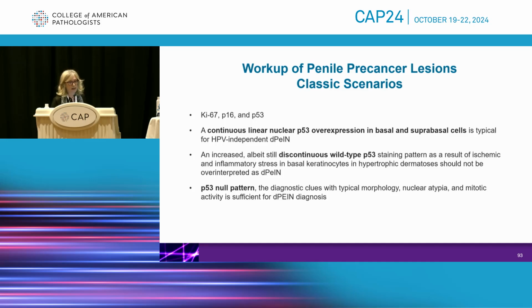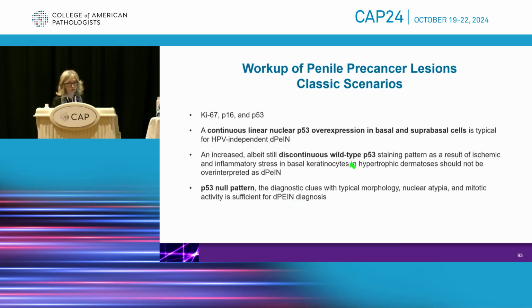So if I have a continuous linear nuclear P53 overexpression, continuous at the base, in at least 80% of the cells in a stretch, I call this diagnostic for HPV independent. If I have a null pattern of P53, this is also classic for HPV-independent DPIN.